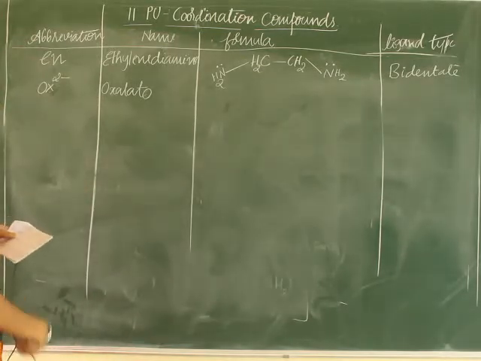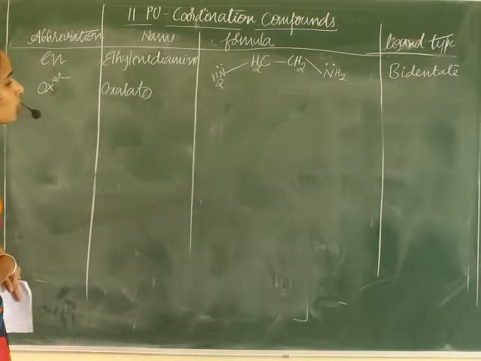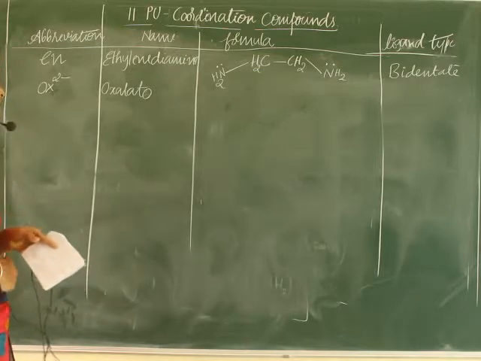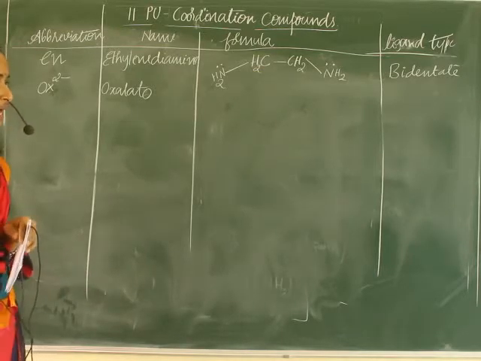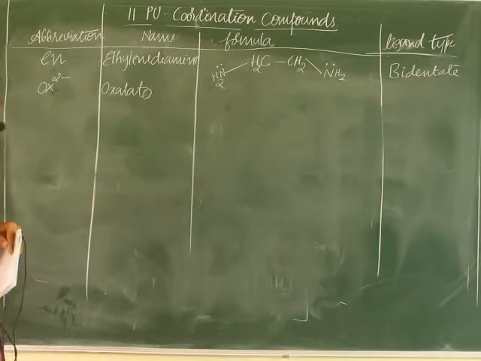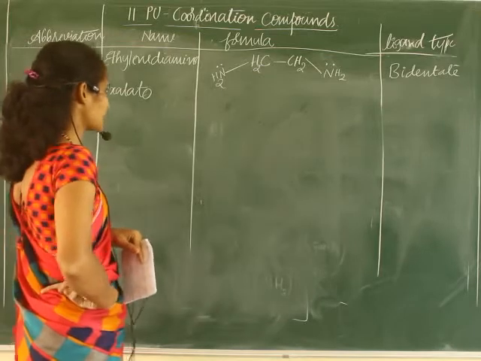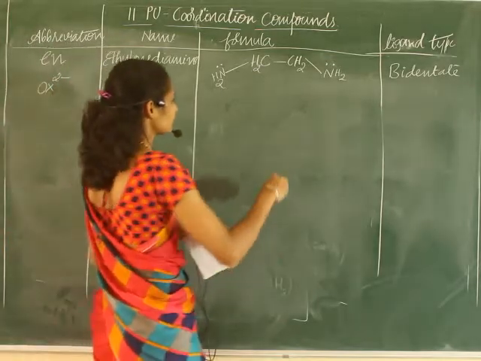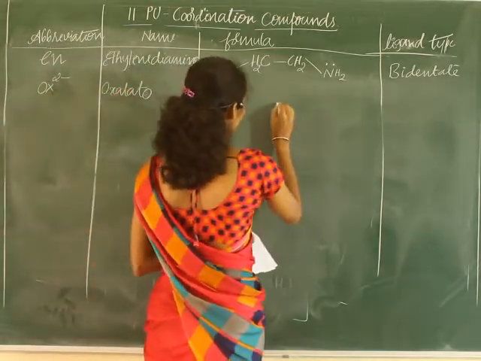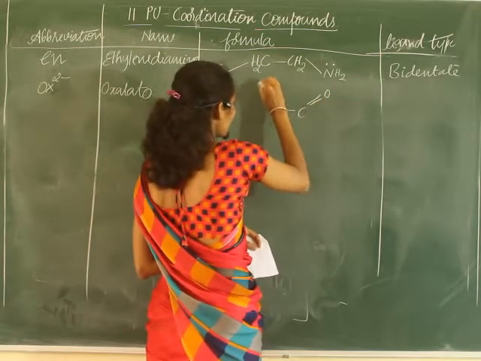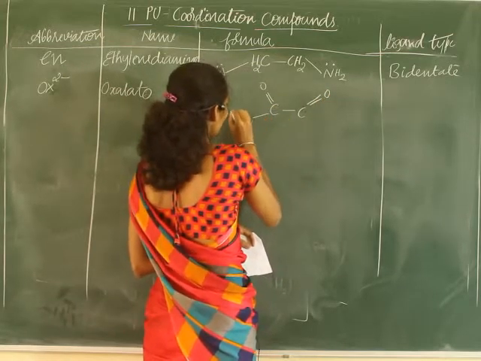It's oxalate ion, but we name it as oxalato because E is replaced by O if it is an anionic ligand. You will learn there in the nomenclature oxalato, and we can write it as C double bond O and O minus.